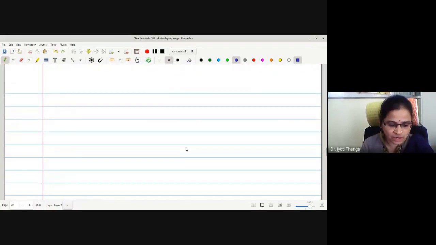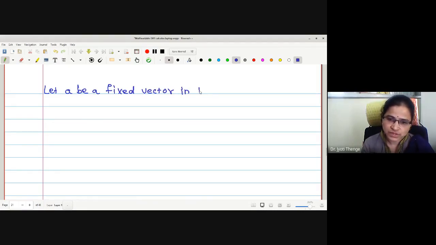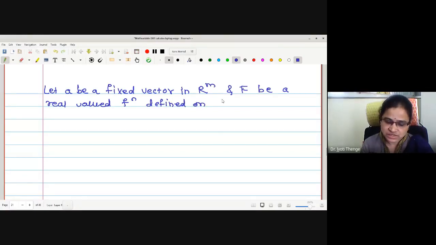Here what I am going to define: let a be a fixed vector in Rm, and capital F be a real valued function defined on the open interval (minus delta, 1 plus delta).